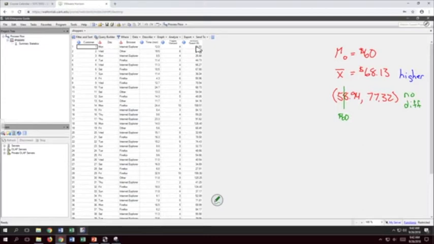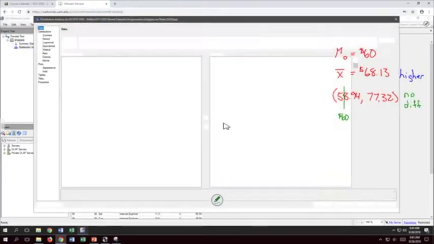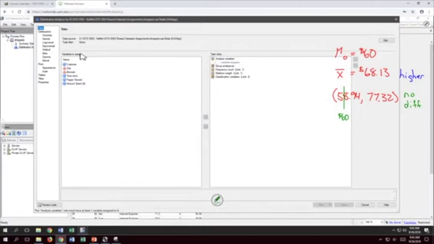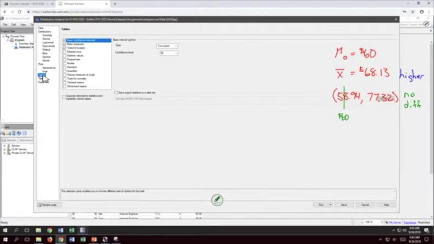Okay, so if you follow the tutorial, what it tells you to do is we're still going to describe, and we're going to go to distribution analysis. And once in the distribution analysis, we're going to need amount spent. Then you go down to the tables option, and in the tables option, you can also get your confidence intervals here.